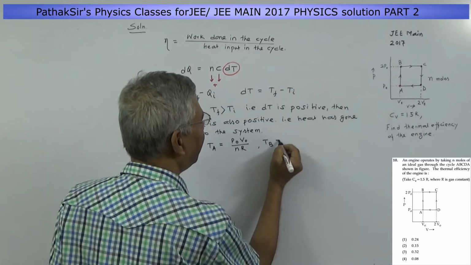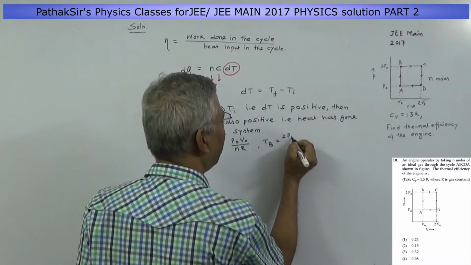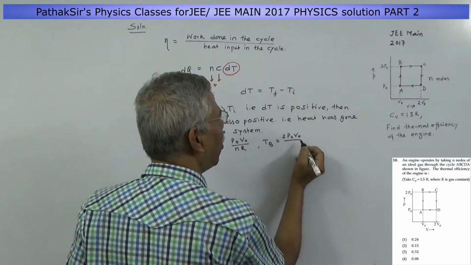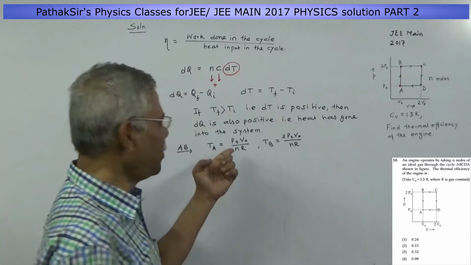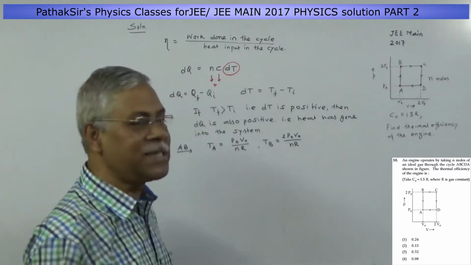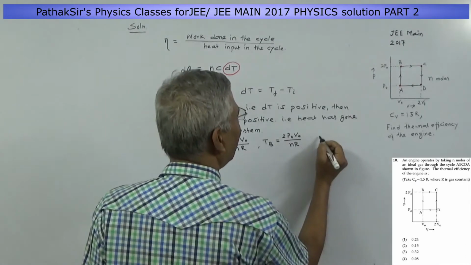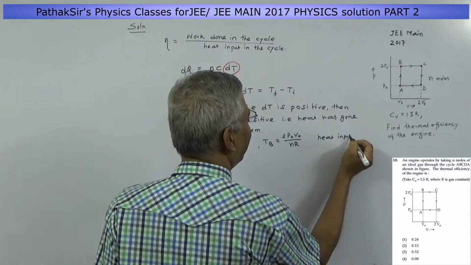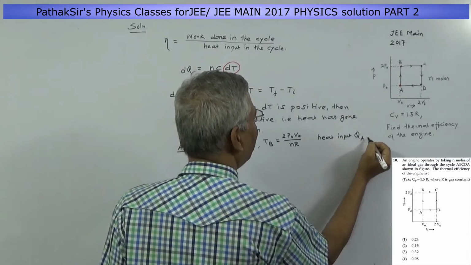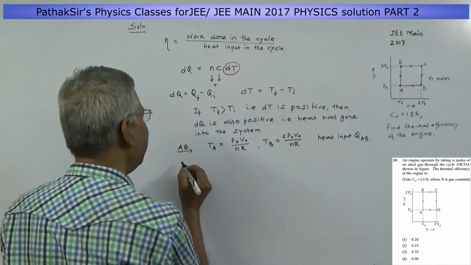TB equal to 2P naught V naught by nR. So clearly temperature has increased. That means heat has gone in. So heat input Q AB.